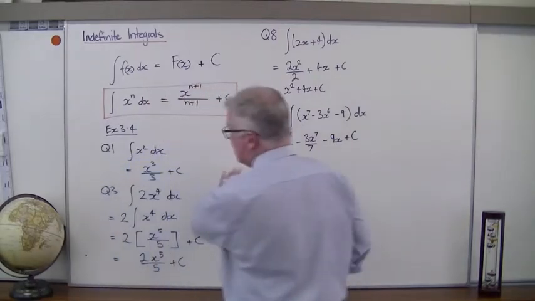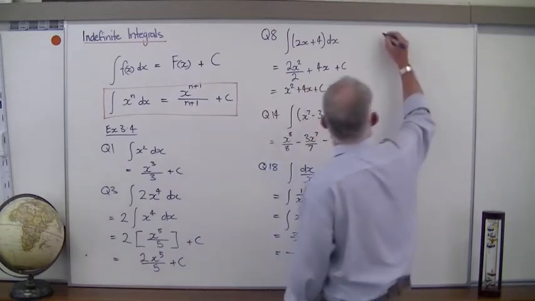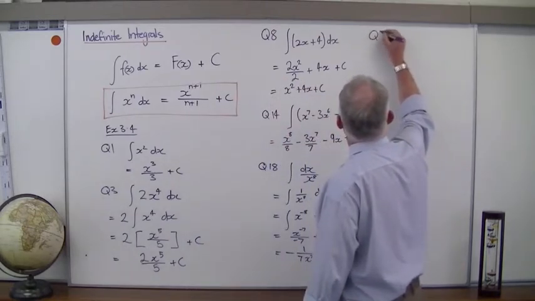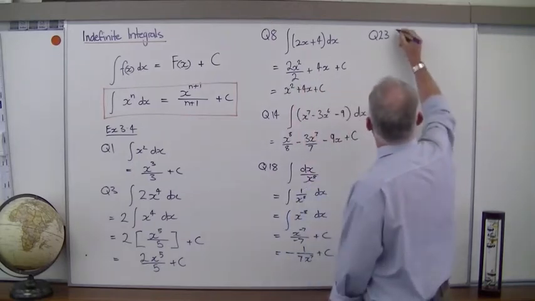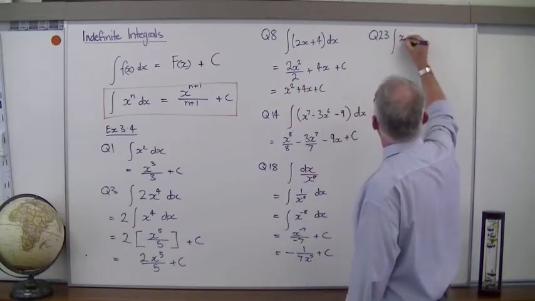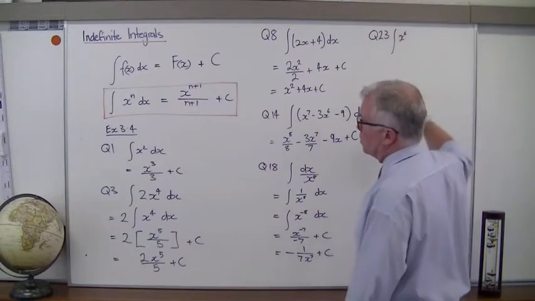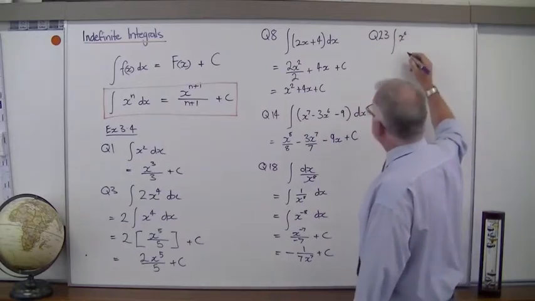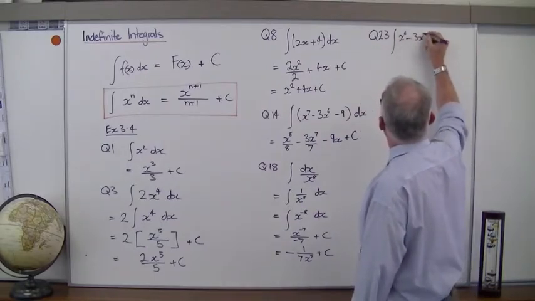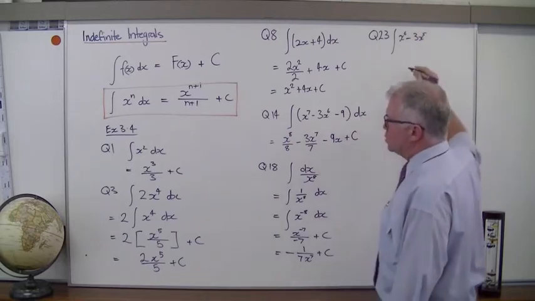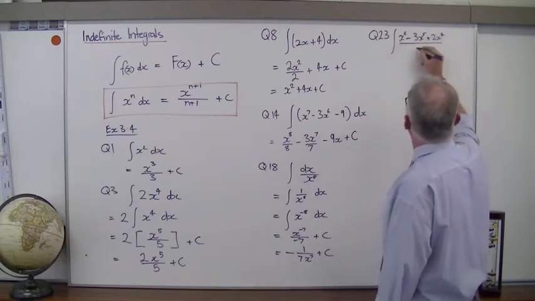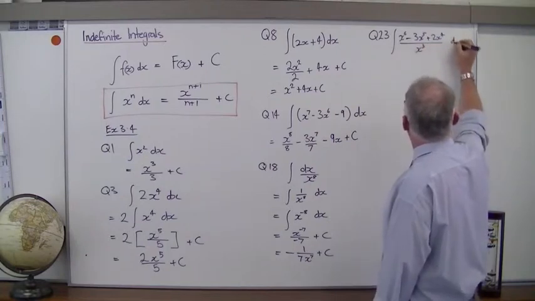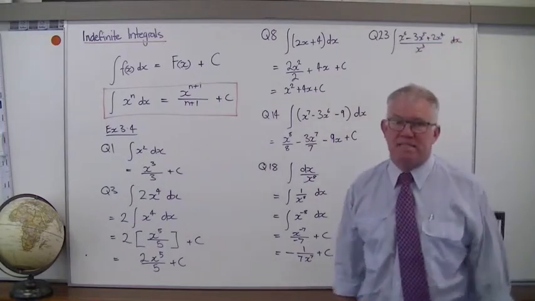That was question 18. Question 23 we're jumping to now. We have, again, something that confuses students, but really it's very straightforward. x to the power of 6 minus 3x to the power of 5 plus 2x to the power of 4, all over x cubed, and integrate that with respect to x.